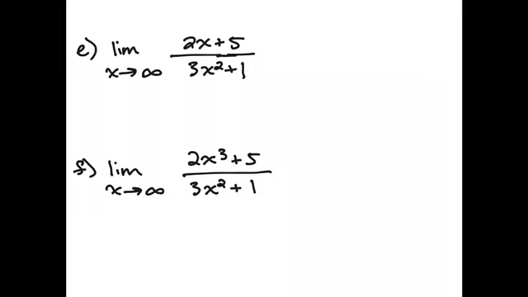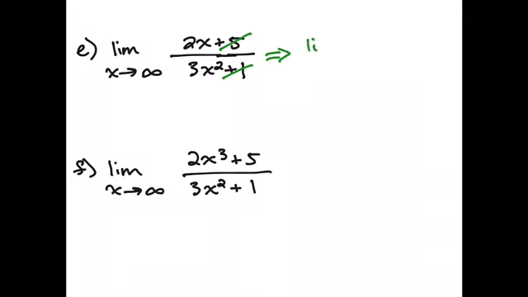So when I look at this one, in 2x plus 5, if we're talking infinity here, that plus 5 doesn't mean anything to me. That plus 1 in the denominator doesn't mean anything to me.